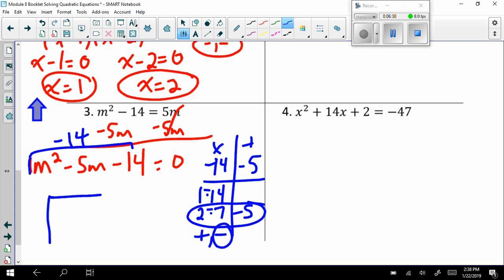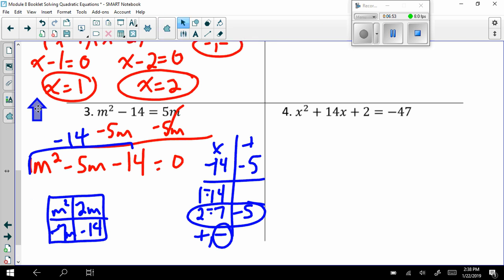Drawing the box. Placing my first and my last, and then using the two numbers I chose. So 2m, negative 7m. And then pulling out the GCF. So I'm going to look at each row, each column.